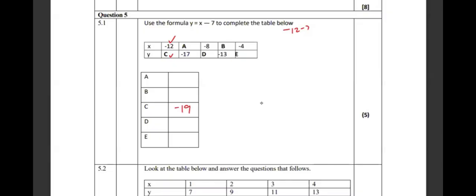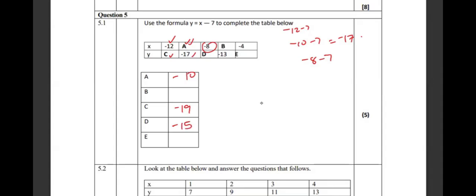And then what do I put for x to give me negative 17? A must be negative 10, because if I have negative 10 minus 7, I end up with negative 17. And then what if I have negative 8? So it's going to be negative 8 minus 7, which is negative 15.